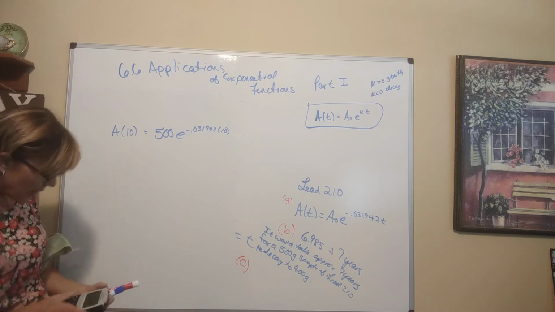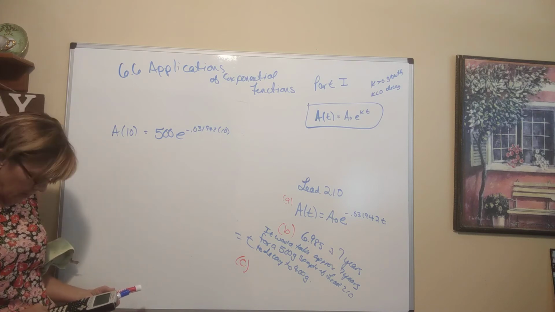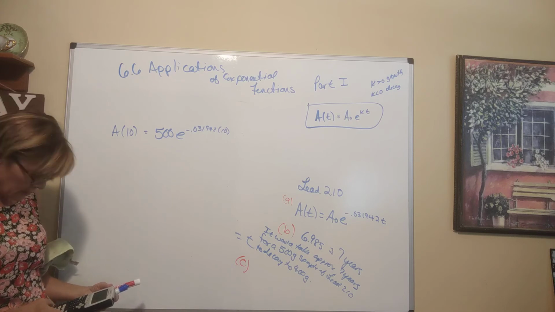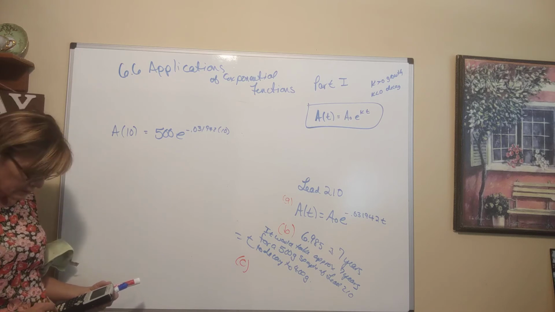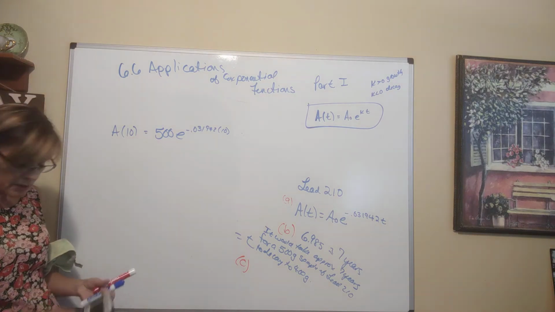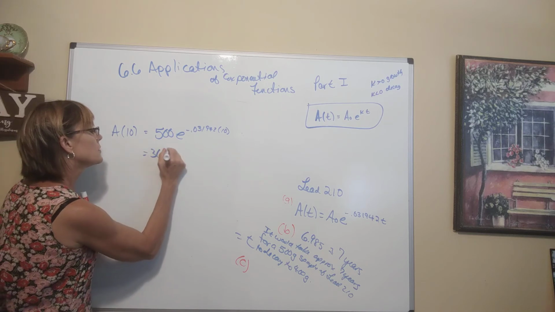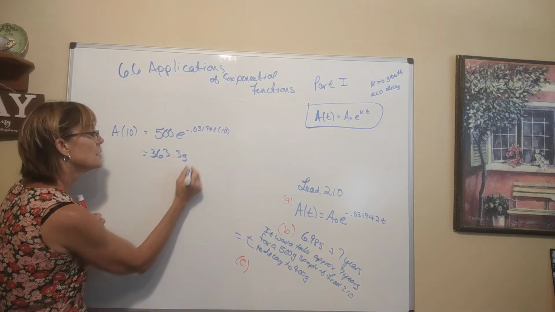So that would be 500 times e to the negative 0.03194 times 10, which gives me 363.3 grams.